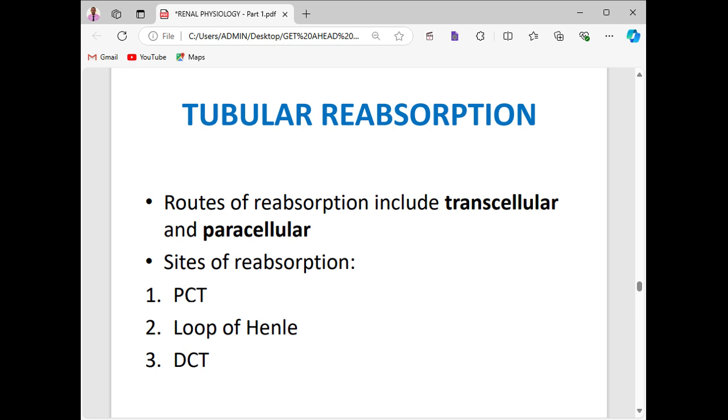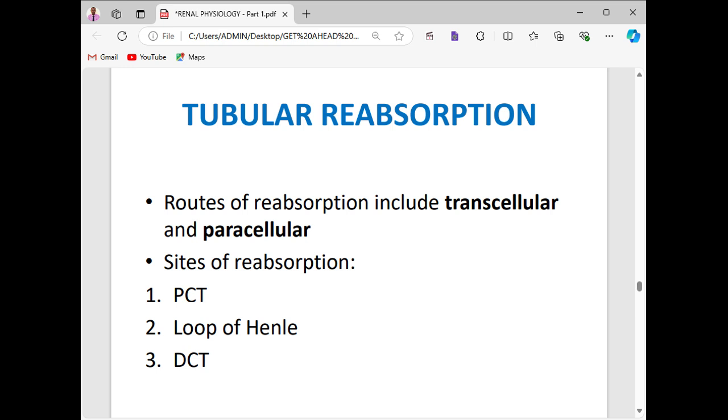When we talk about tubular reabsorption, you need to understand that water and other substances are usually transported back into the blood from the renal tubules. The routes of reabsorption include transcellular and paracellular. We have specific sites for reabsorption.